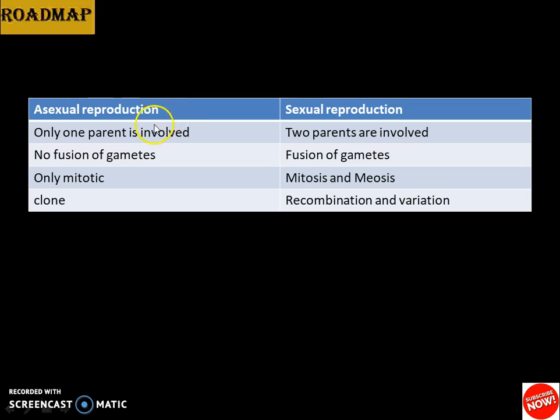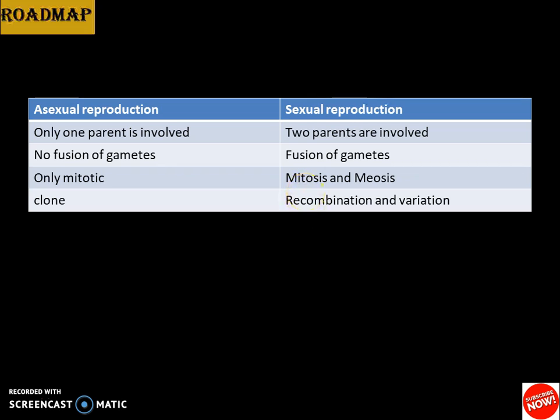In asexual reproduction, the offspring is like a clone. Why? Because it is similar to the parent. There are no such changes. So a clone is basically identical, morphologically and genetically. While in sexual reproduction, recombination and variation take place. We can take the example of human beings.